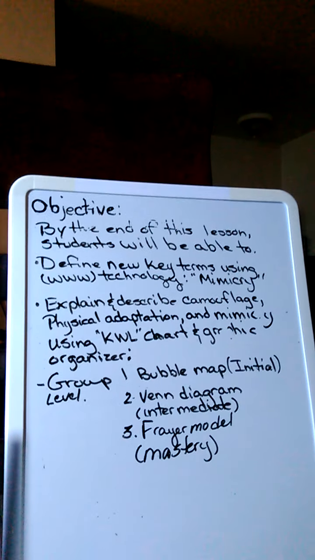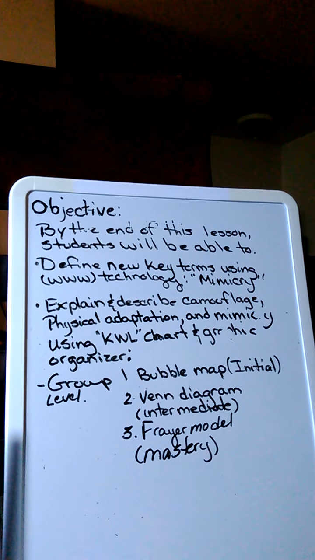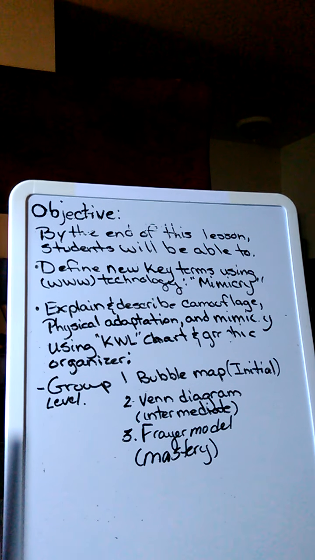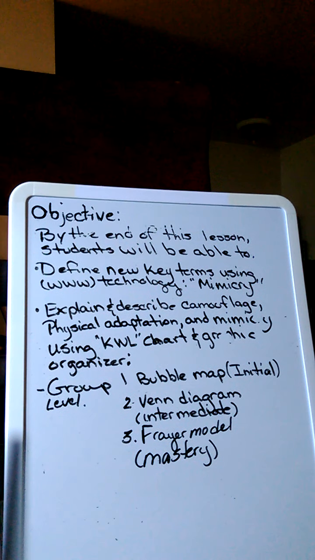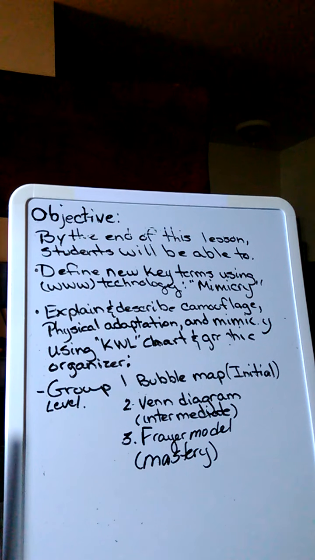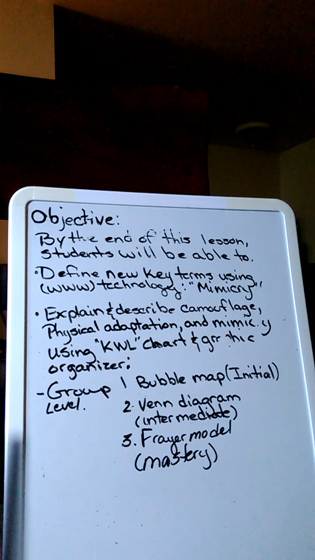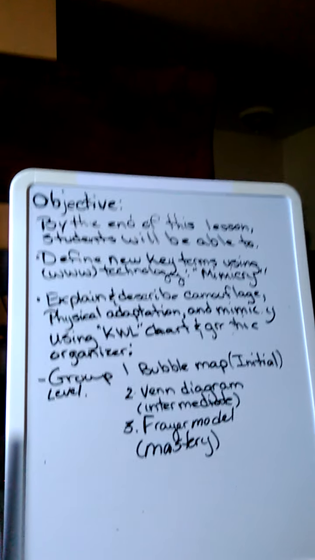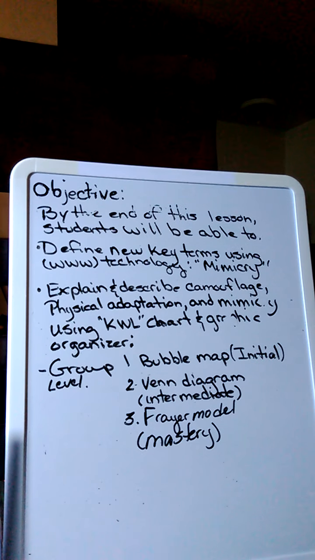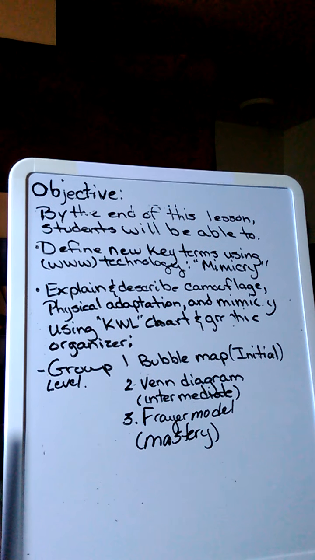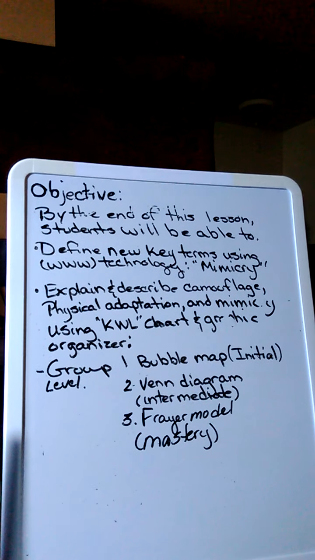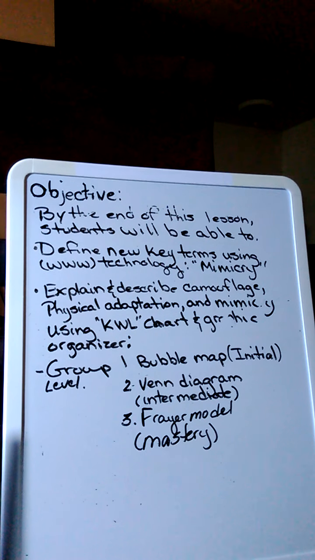Number 2, students will be able to explain and describe camouflage, physical adaptation, and mimicry using a KWL chart and graphic organizers. Students will be placed in mixed groups, such as students that are level 1, level 2, and level 3. They will be grouped together in 3 separate groups.